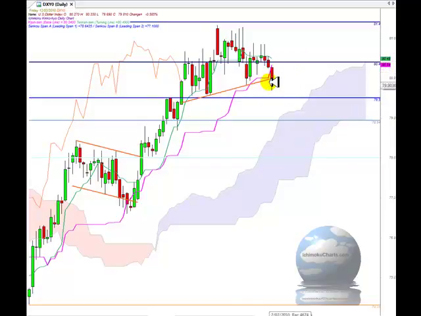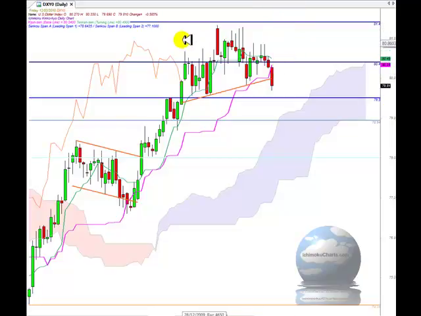Now, if the market doesn't go on with this head and shoulders reversal pattern, then if it retraces back up towards this region here that we've been trading in previously, that area does represent very strong resistance. So the market will find it very tough to trade up through that area. And that area extends from 80.4 all the way up to 81.4.